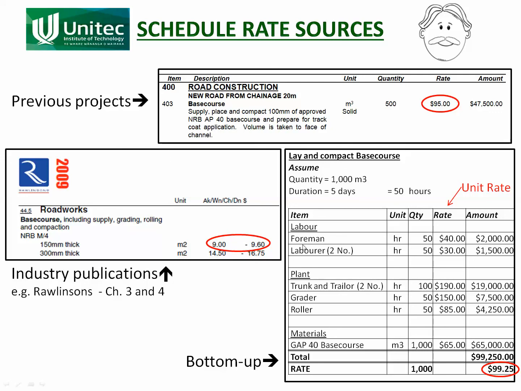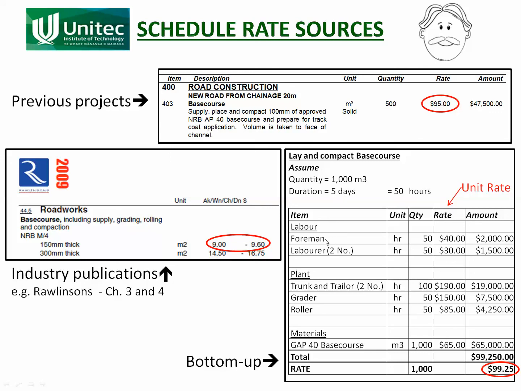Another way of doing it is if you don't have previous rates or applicable previous rates, then you can work it out from first principles. In this case, we know that the quantity is 1,000 cubic meters. The duration, from experience, we know it's going to take about 5 days to lay it.